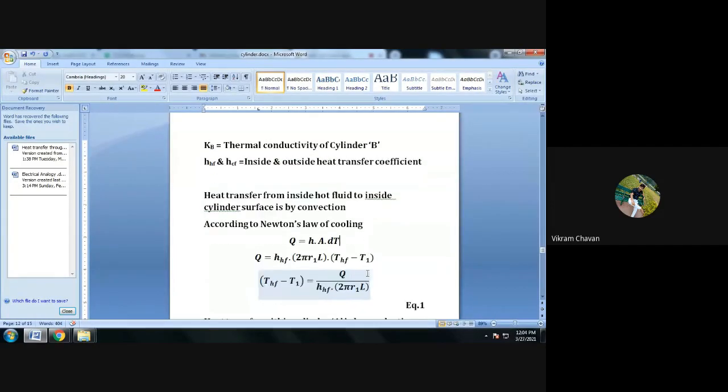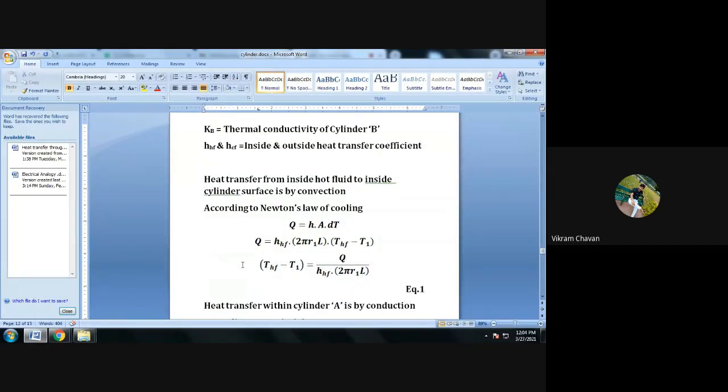Now we have to convert this equation into the form of a temperature difference.